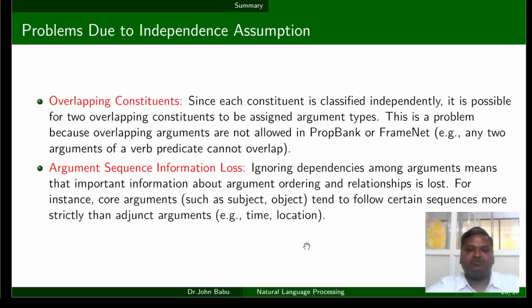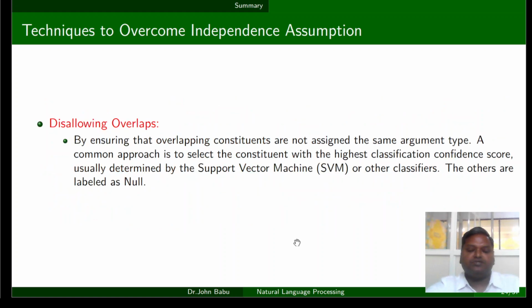So we may lose the information, something like if the subject and object follow certain sequences, something like time, location. So they will be dependent on each other, and this dependency we are ignoring. So how can we overcome the independence assumption?